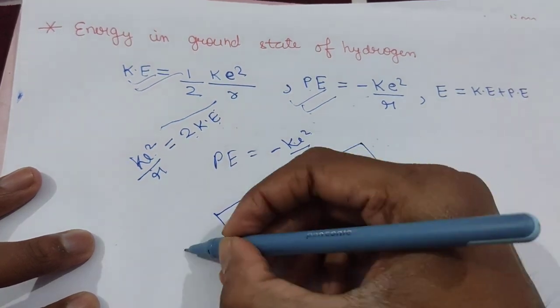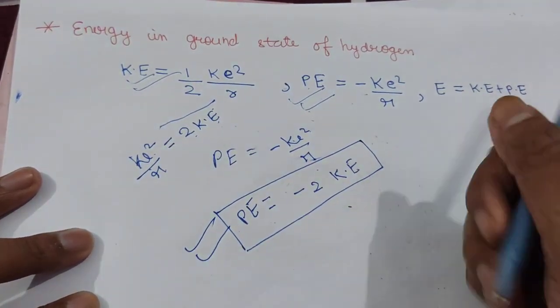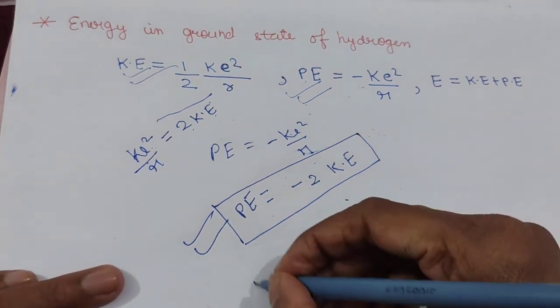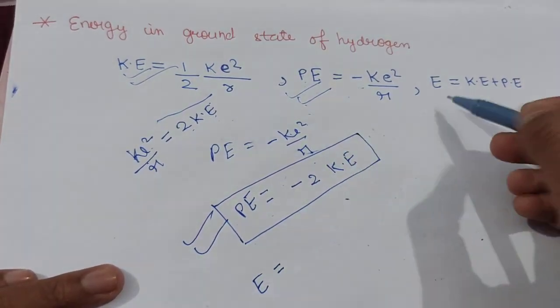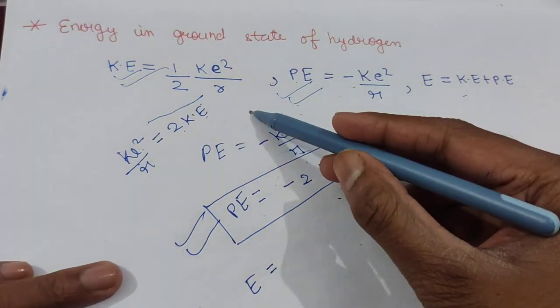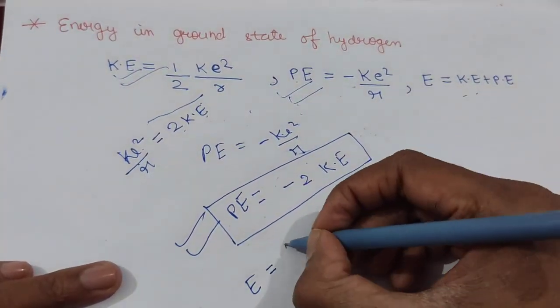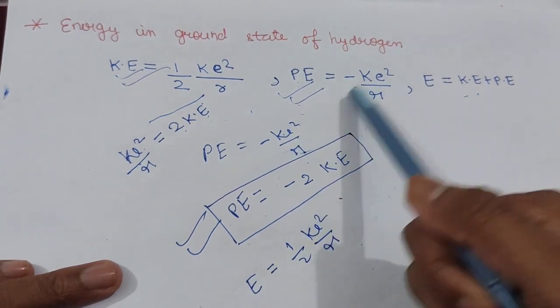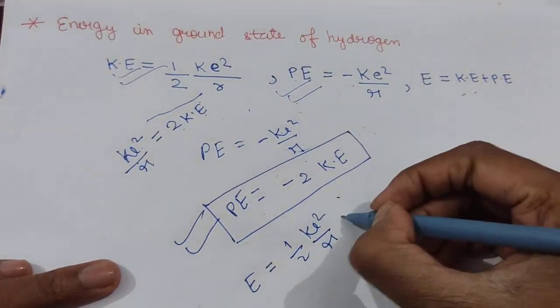Okay, and what about the total energy? So for the total energy we will write the kinetic energy, half Ke square by r, and put this in that.